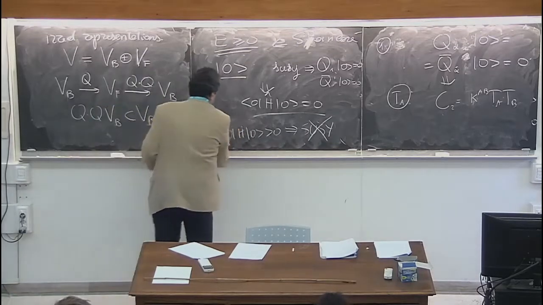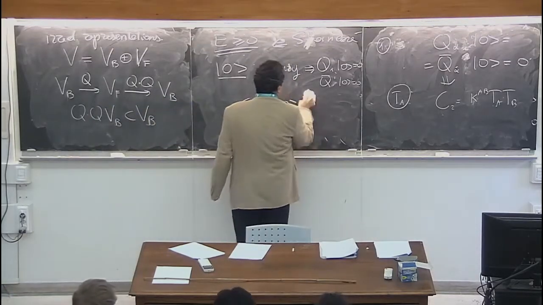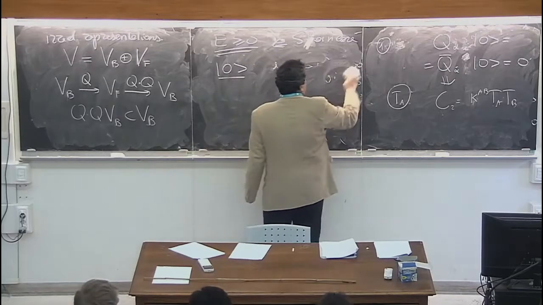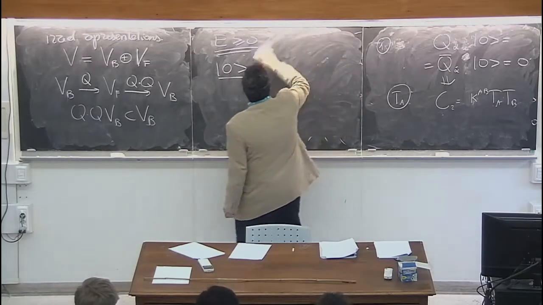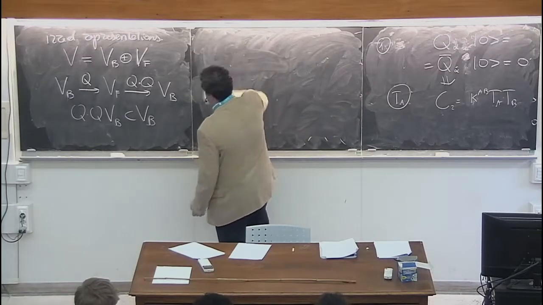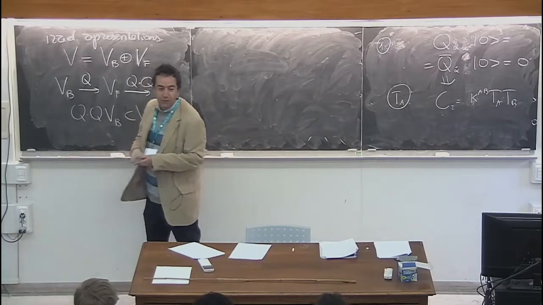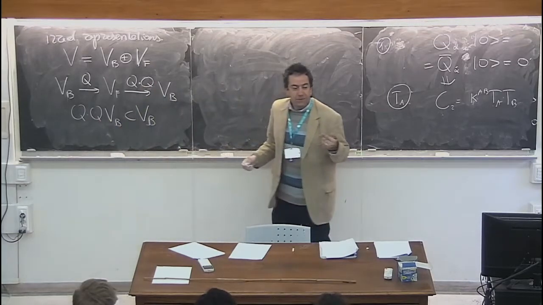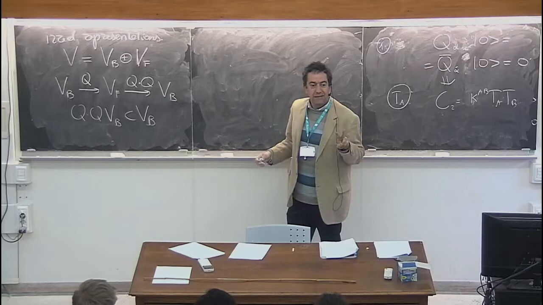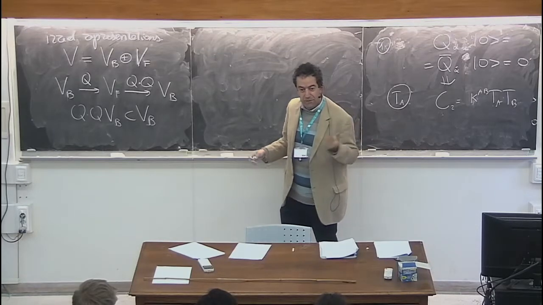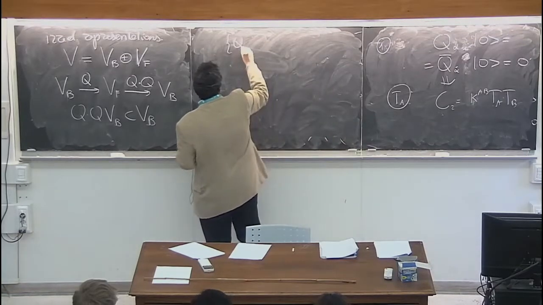Fine. But this space, obtained through the double action of supersymmetries on bosonic states, contains also states acted on by the anti-commutator of two supersymmetries. States like this.